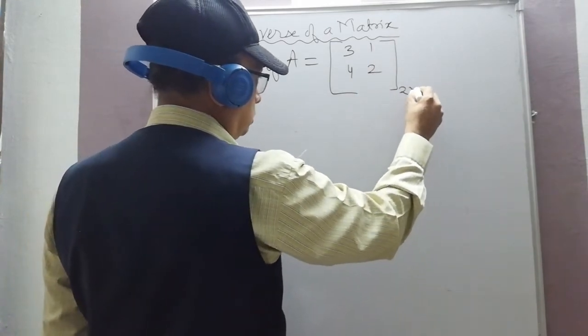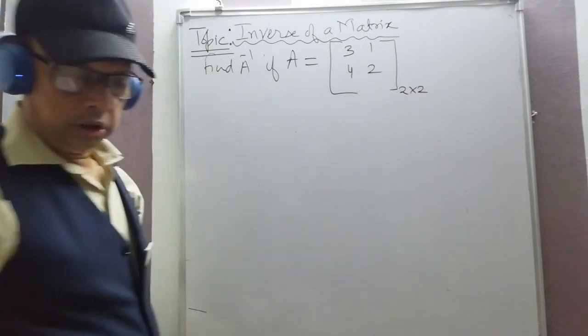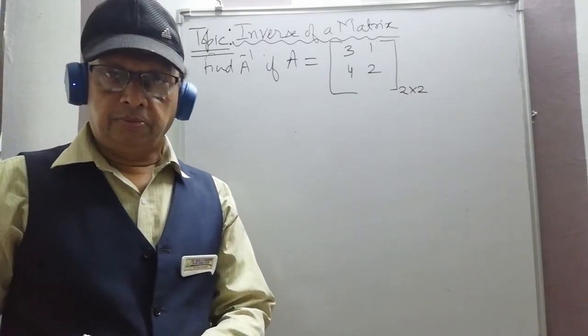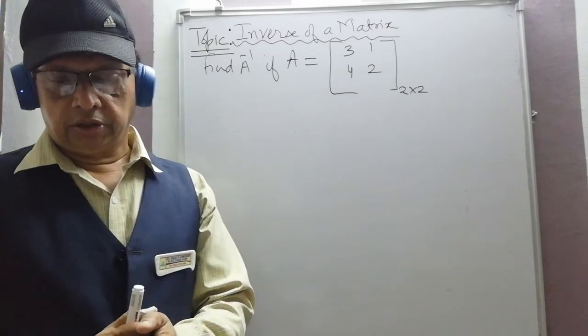Order is 2 by 2. As I told you, the condition is it must be a square matrix.